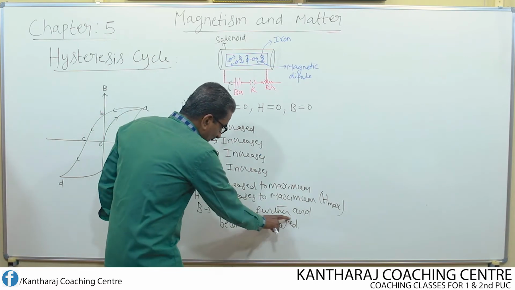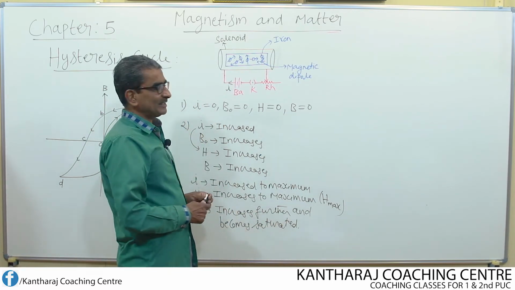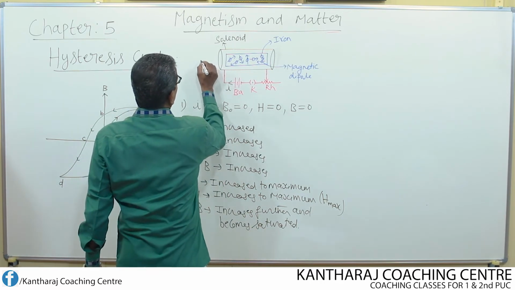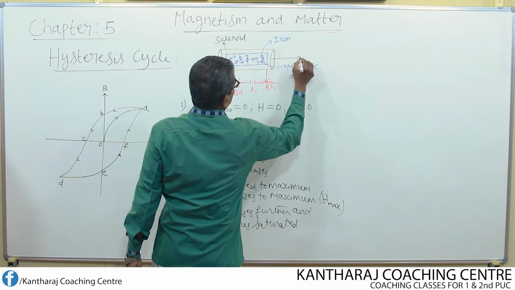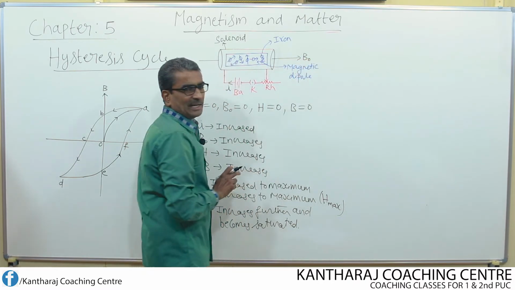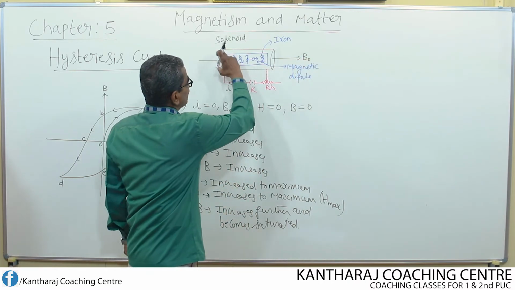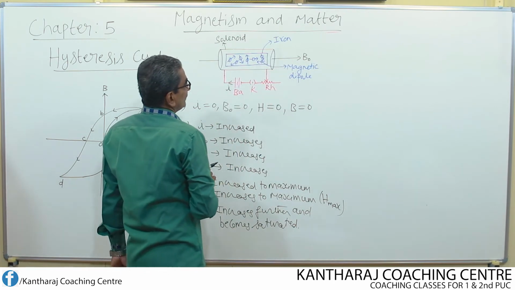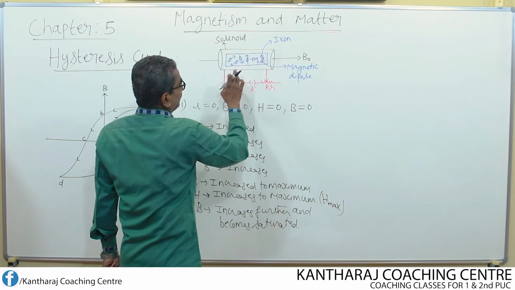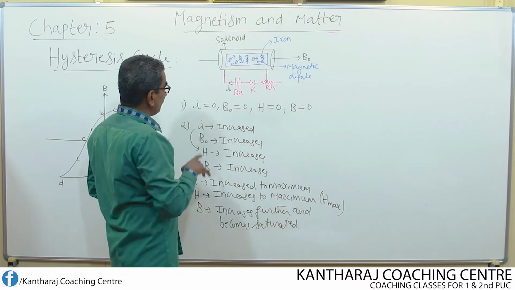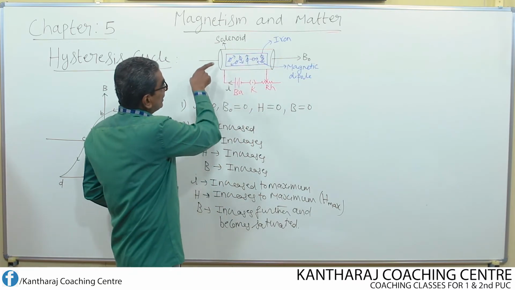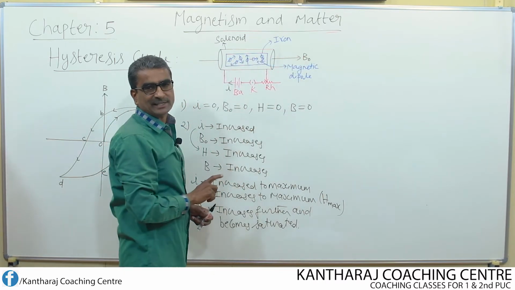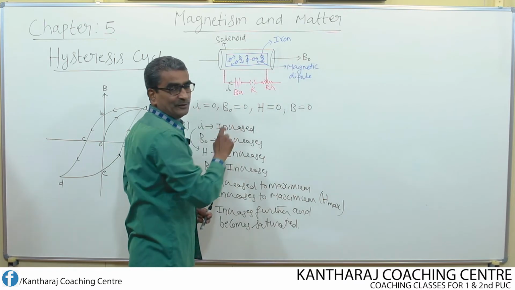Here, what is meant by B becoming saturated? See, B becoming saturated means when we pass the current, look here. So this is nothing but B naught. I write only one magnetic line instead of writing too many magnetic lines. Now all these magnetic dipoles which are randomly oriented when current is 0 now start aligning themselves along the direction of the magnetizing field.